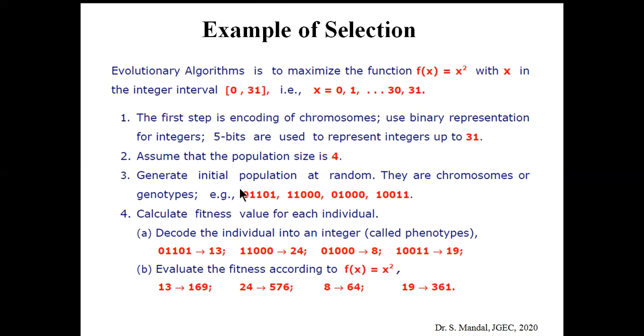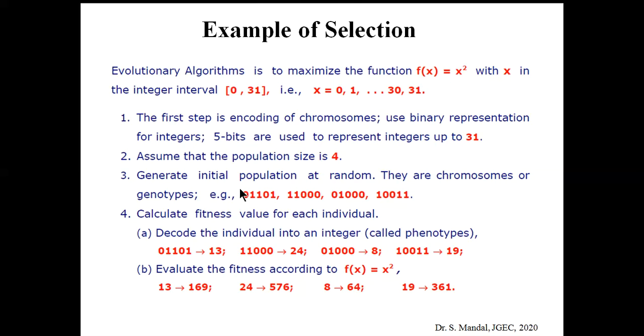Consider an optimization problem where we want to maximize f(x) = x², and the interval of x is between 0 to 31. So the value of x can vary within 0 and 31, and from that interval we want to know the maximum value of the function f(x) = x².